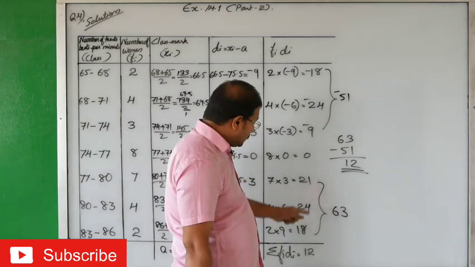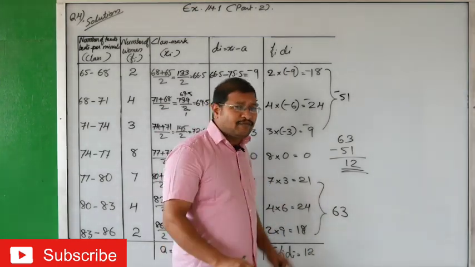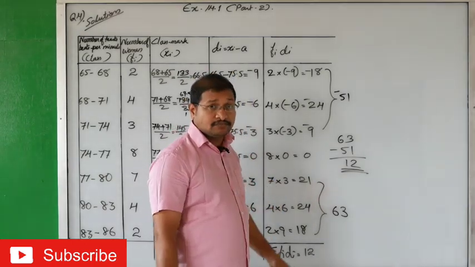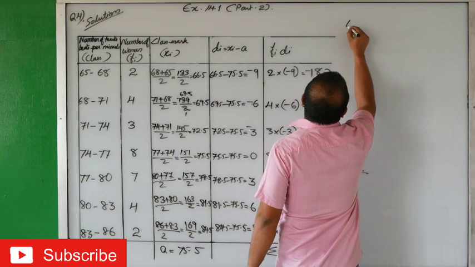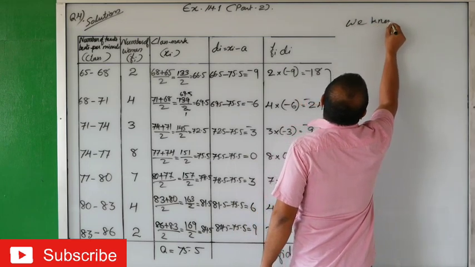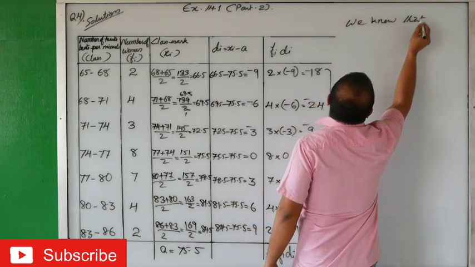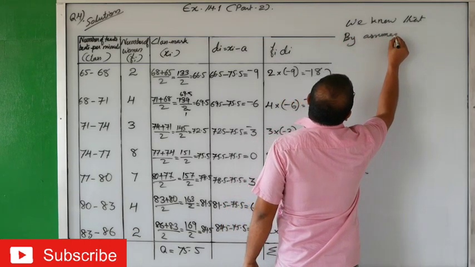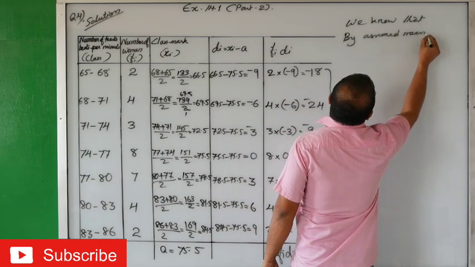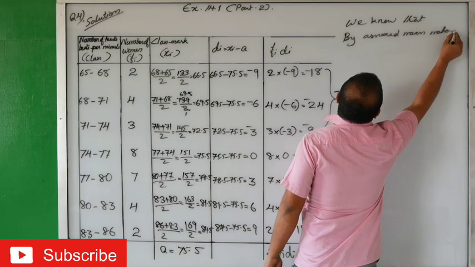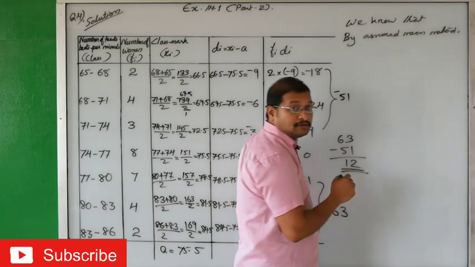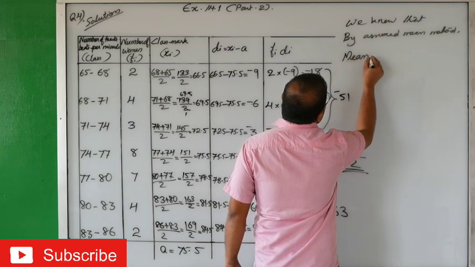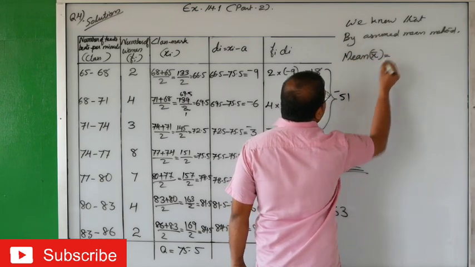Ready? Now let's start the next step. And we know that we are going to use assumed mean method because we took here di. Isn't it? Let's write now. We know that by assumed mean method, mean x bar equals, what is the equation?